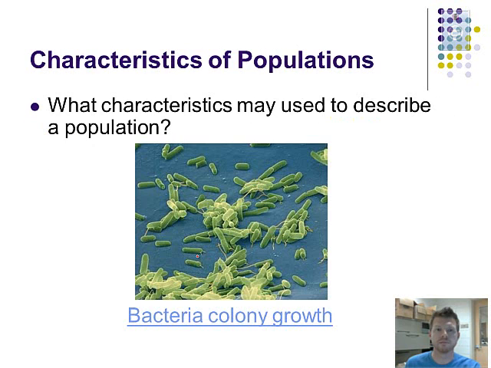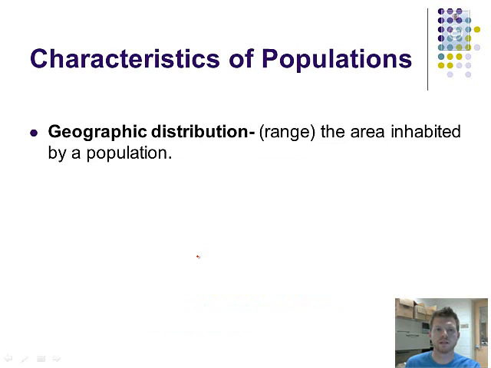Now, there's four basic things. Number one is geographic distribution or range. This is the area that a population lives in. A lot of times if we look on a map, we will find out the particular range of a species. For example, hopefully you can see this.